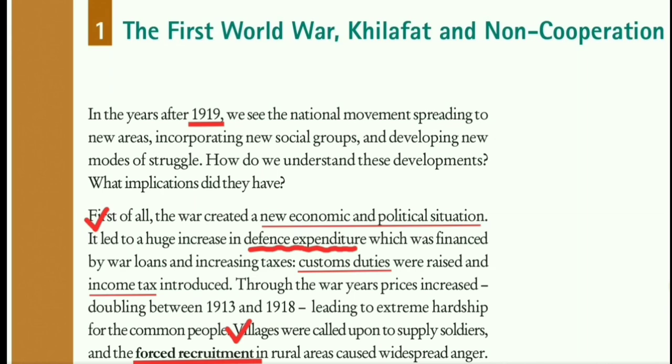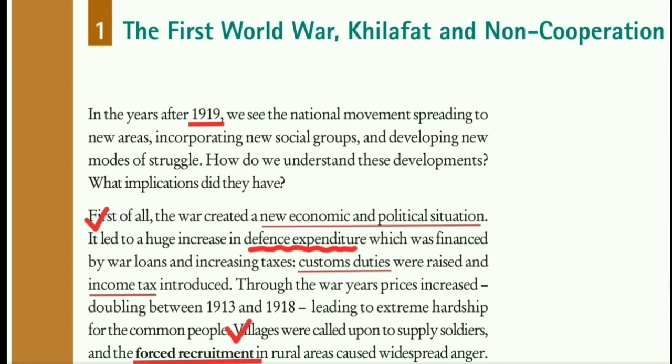So these Britishers had British people in their army, and they had also recruited Indian men. Because many lives were being lost, the war was being fought at a very big level.